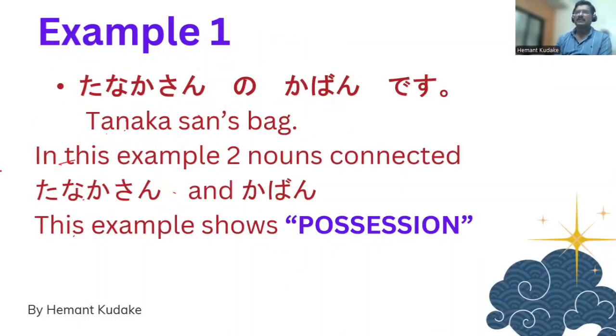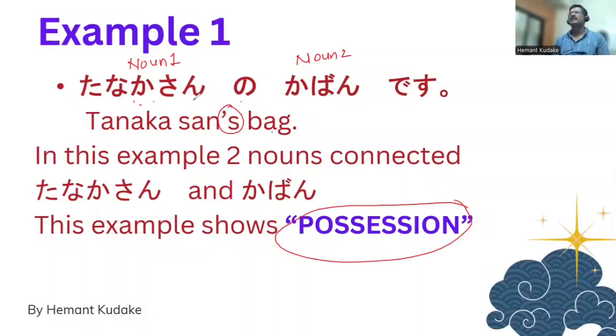So here Tanaka-san is noun one and kaban is noun two. As discussed, Tanaka-san is a person name. Tanaka-san no kaban desu. It means Tanaka-san's bag. Particle no in this example shows possession.